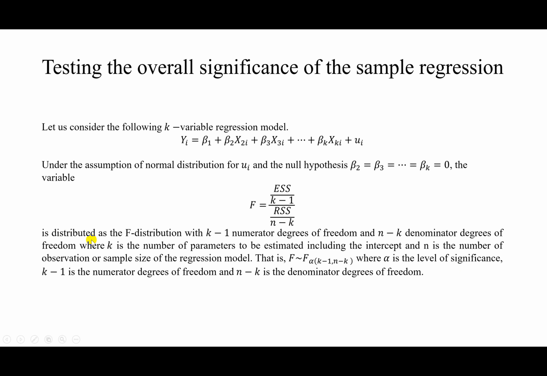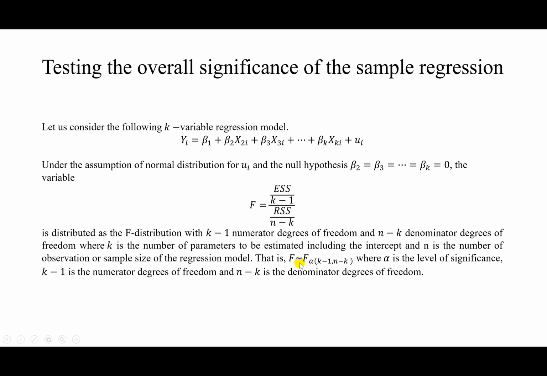F is distributed as the F distribution with k minus 1 numerator degrees of freedom and n minus k denominator degrees of freedom, where k is the number of parameters to be estimated including the intercept and n is the number of observations or sample size of the regression model.